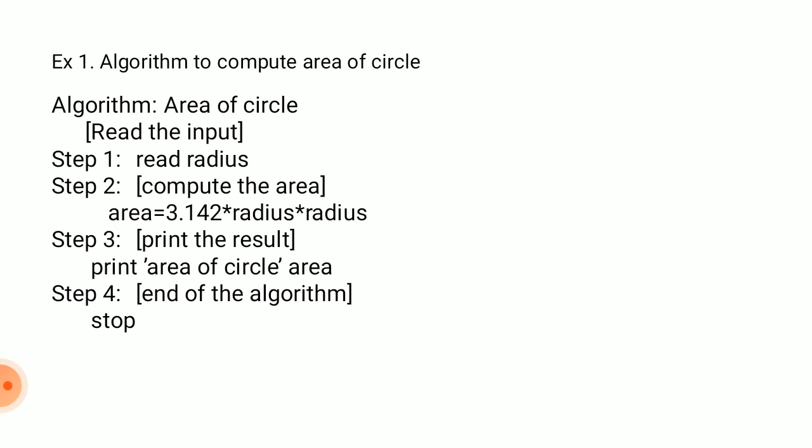Whenever we write a program in any programming language, it helps us to write it. In an algorithm we use simple English-like words so that we can implement it in any programming language. In this video we will take two simple examples so that you will understand. The first example is to compute the area of a circle.